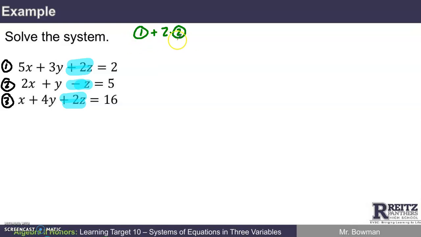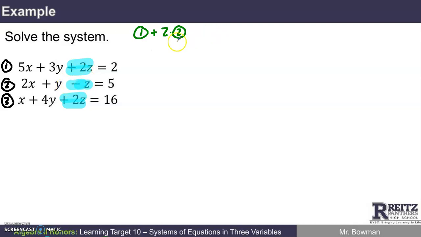This is the kind of notation that I'm using when I'm writing out what I'm going to do to create an equation, in this case that has no z's. If I take this equation that has 2z in it, and I add to it 2 times this equation that has negative z in it, I'm going to get no z's.